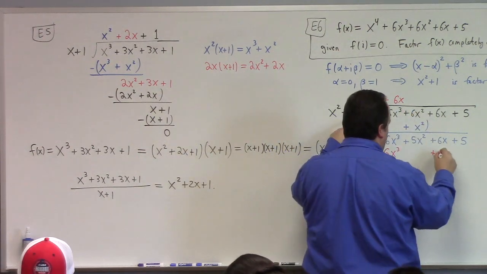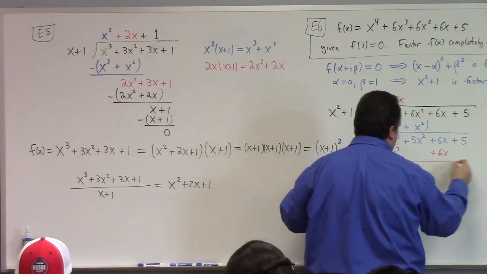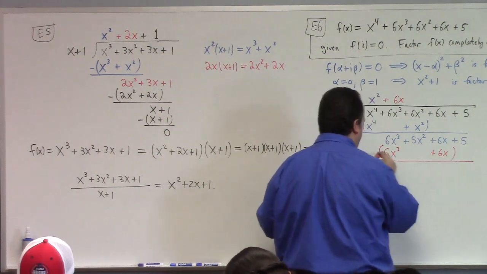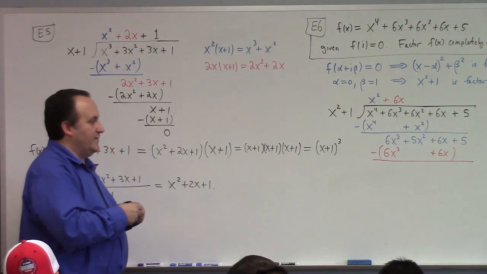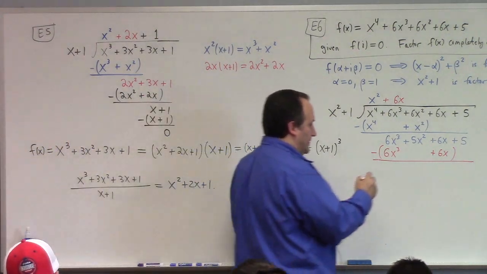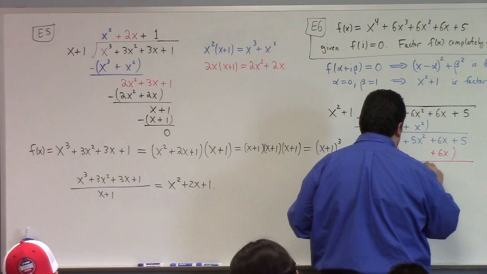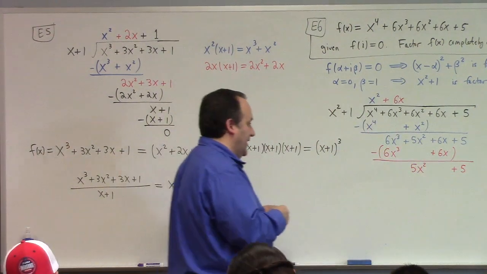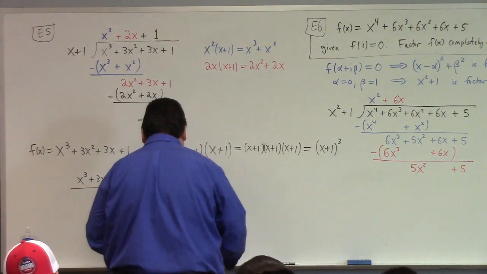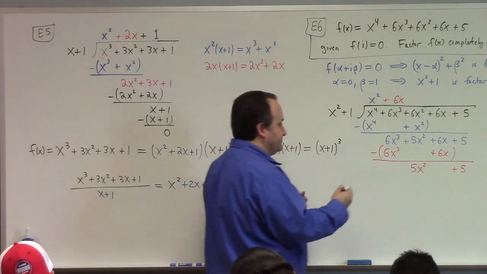I should probably put that over here. And I subtract again. What do I get from that? Well, I get myself a 5x squared plus 5. Very good. That is correct. And so what should I add to get rid of the 5x squared? Plus 5.